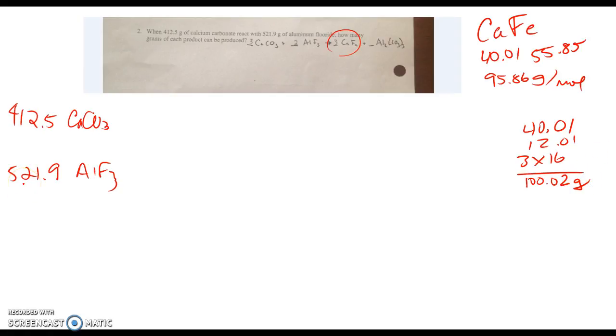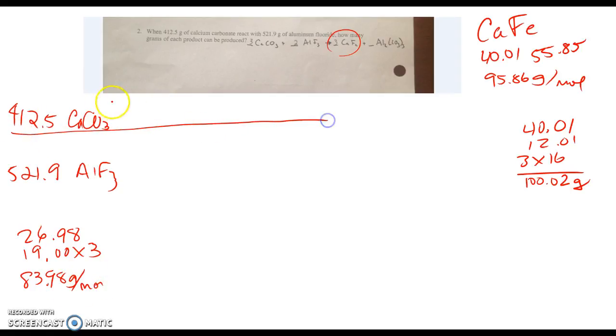And let's look at AlF3. Al is 26.98, and F times 3 is 19.00 times 3. So 19 times 3 plus 26.98. I believe this one will be 83.98 grams per mole.